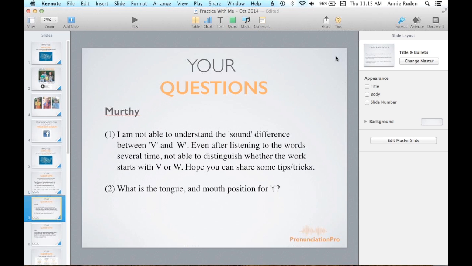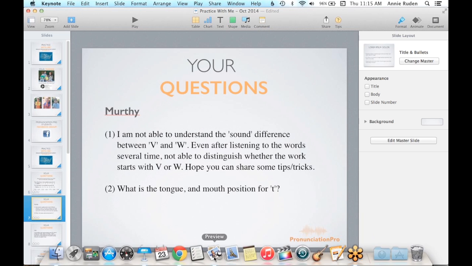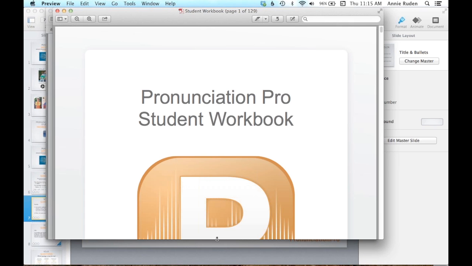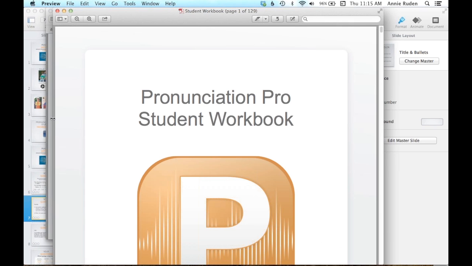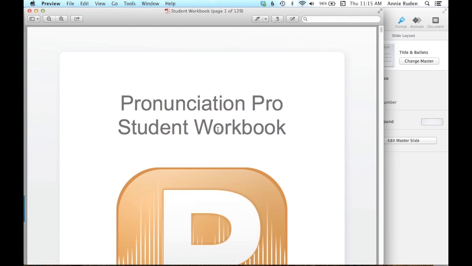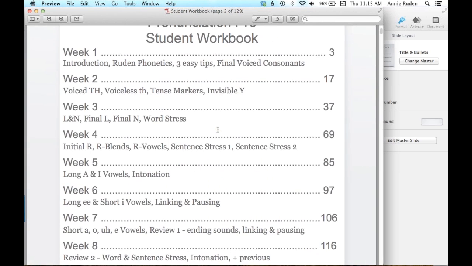So I'll get to your next question about the V and W here. I'm actually going to open up this workbook here. Now you all have these worksheets, but just one at a time, depending on which lesson you're on.